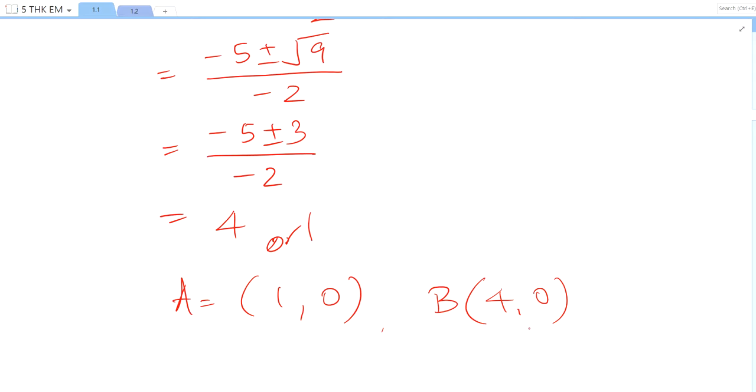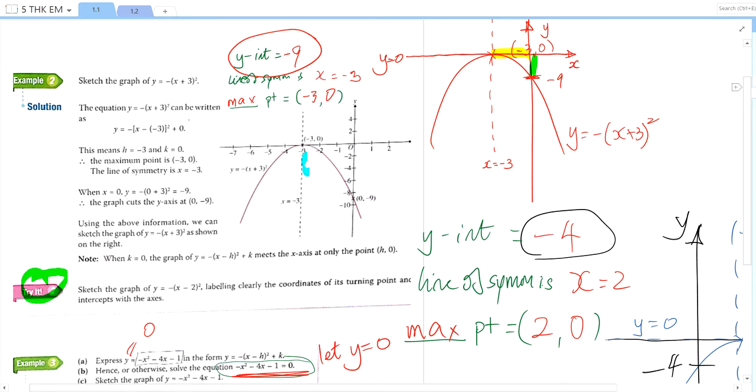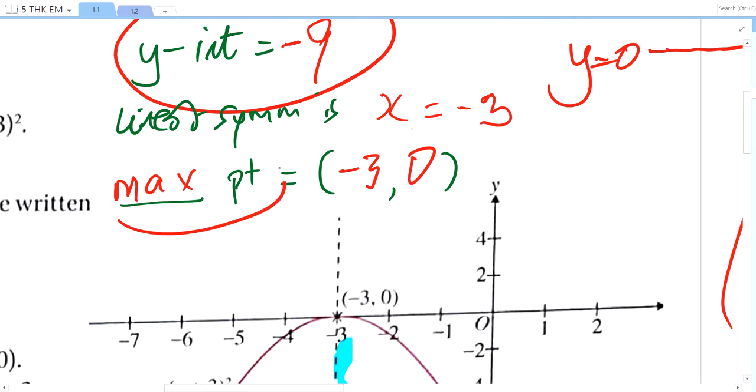Now the coordinates of the maximum point of the graph. How do we find that? Do you remember in our previous questions, we can always write down our maximum point, or a minimum point, just by looking, right? How do we get these values? Negative 3 and 0, for example. Where do we get the negative 3 from? We got it from the line of symmetry, isn't it? Where do you get the line of symmetry from?